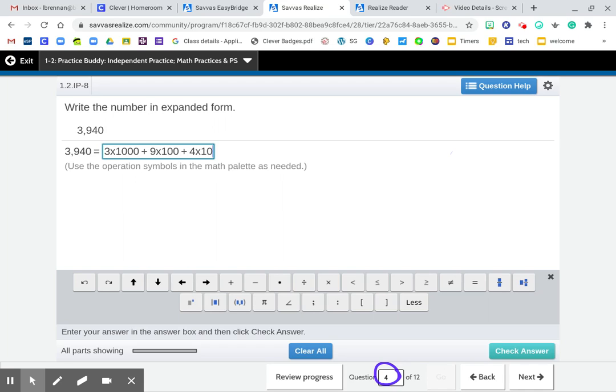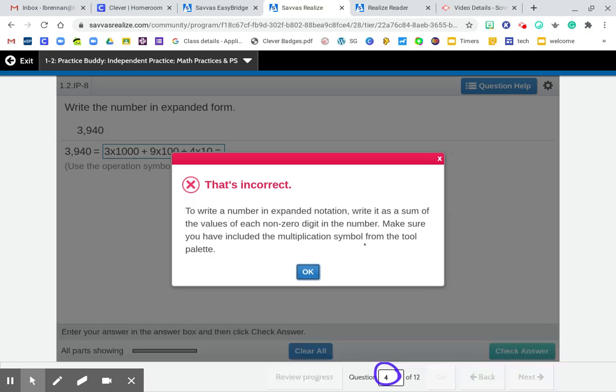And sometimes this gets a little annoying if you don't put all the right numbers in. So to write expanded notation, write it as a sum of the values of the non-digit 0 in the number. Make sure you've included the multiplication symbol from the tool palette.